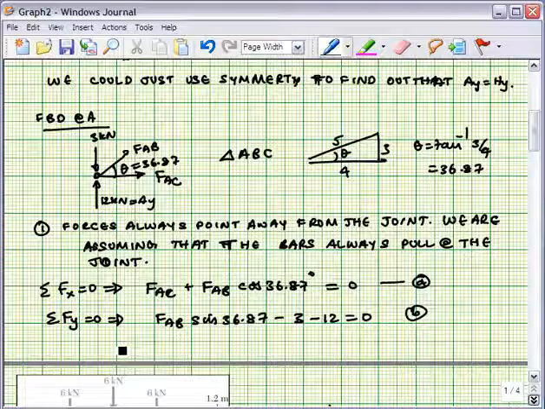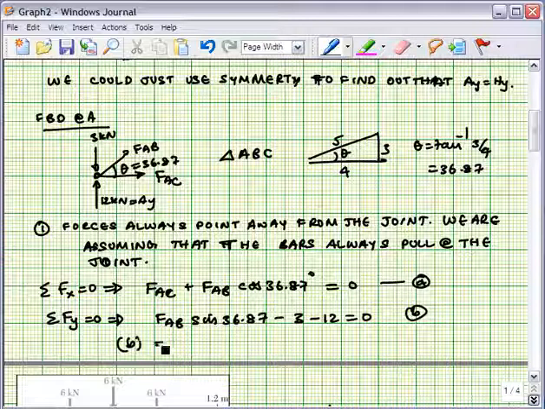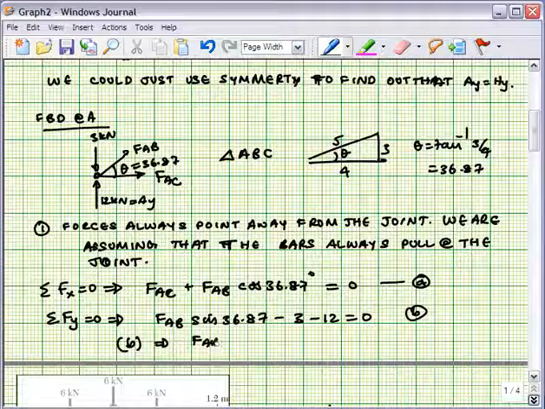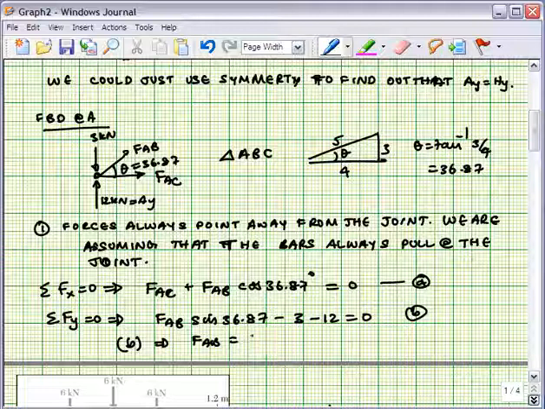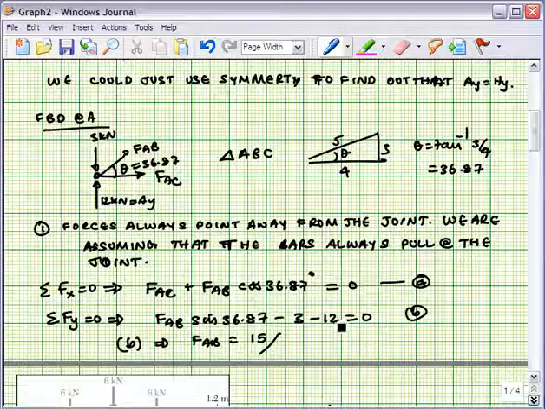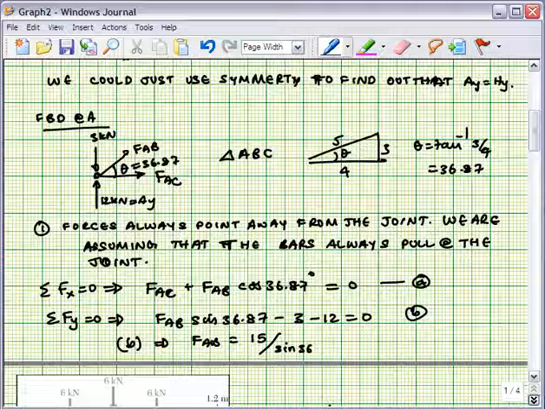So from these two you can see that from B I will get FAB equal to 15 divided by sine 36.87.